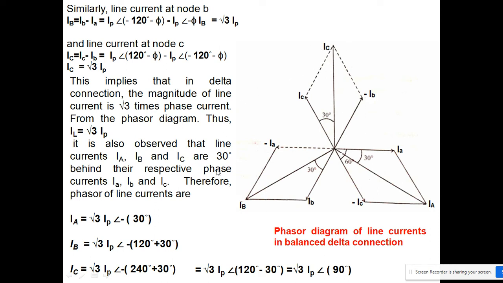In this condition, what we can observe from this phasor diagram is that the line currents IA, IB, IC are all 30 degrees behind the respective phase currents. You can see this is behind by 30 degrees, this is also behind by 30 degrees, and this is also behind by 30 degrees. So with the phasor of line current, we can represent this one as the magnitude, and we put minus 30 here.